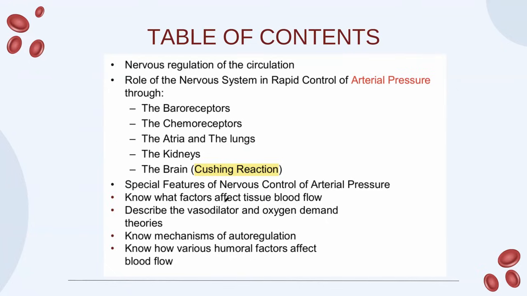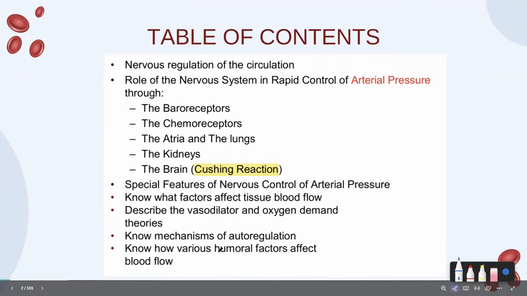There are some special features of the nervous control of arterial pressure that you need to know. Know what factors affect tissue blood flow, vasodilator and oxygen demand theories, mechanisms of autoregulation, and how various humoral factors affect blood flow. That was a mouthful. You're going to know what all these mean, so don't worry, this is just a table of contents.